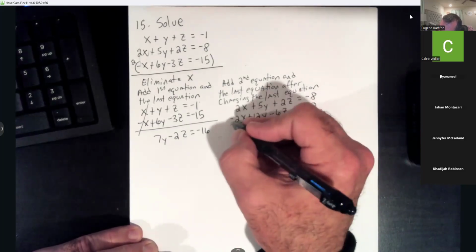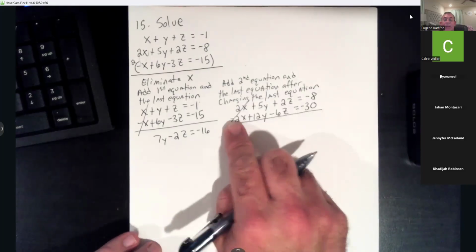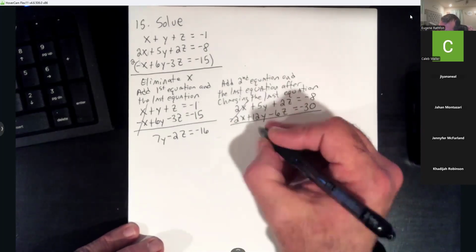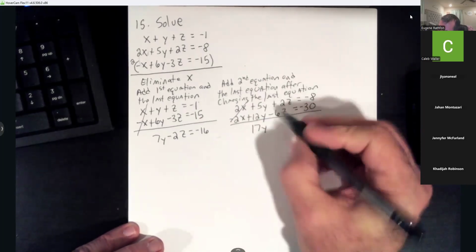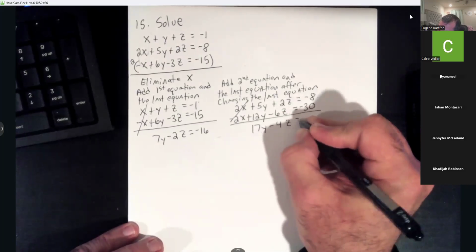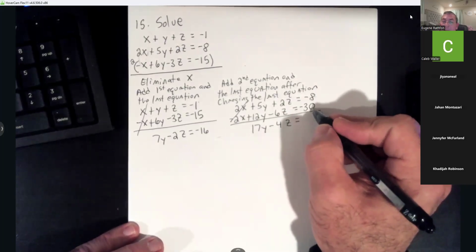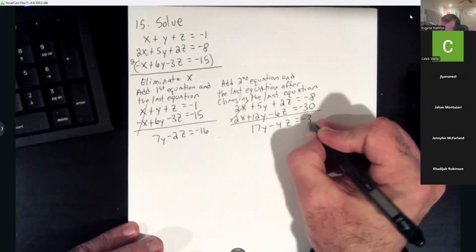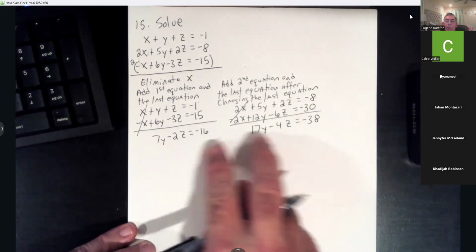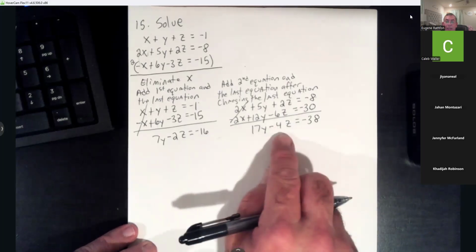But doing that, my x's cancel again. So what's left will be 5 and 12, which is 17y. 2 minus 6 is a -4z. -8 minus 30 is a -38. We now have two equations with y and z in them.